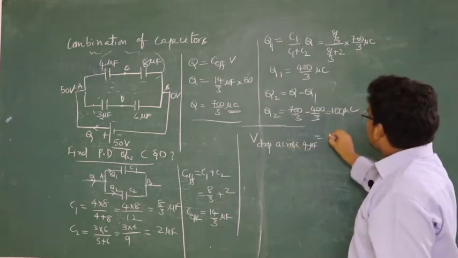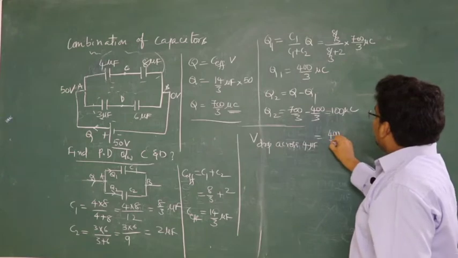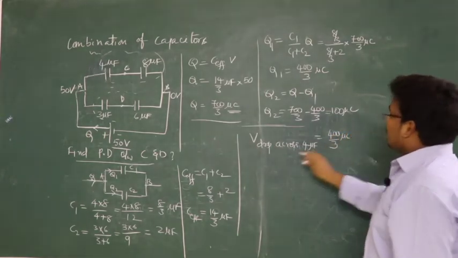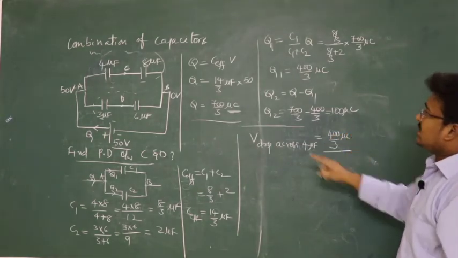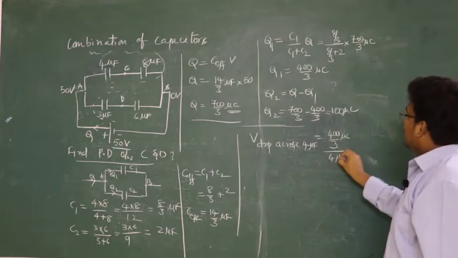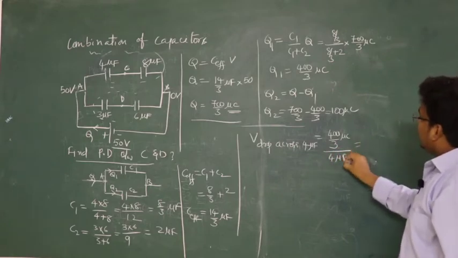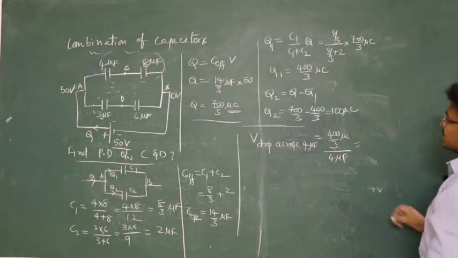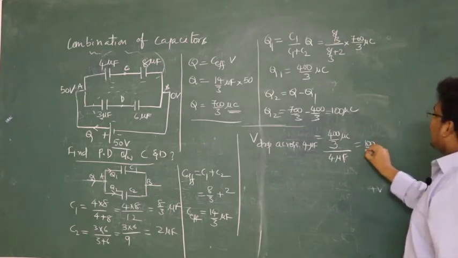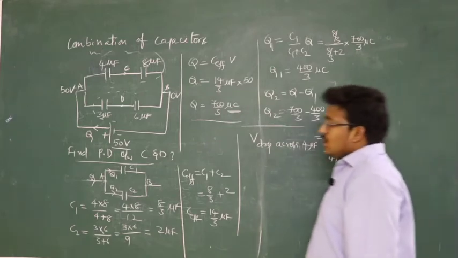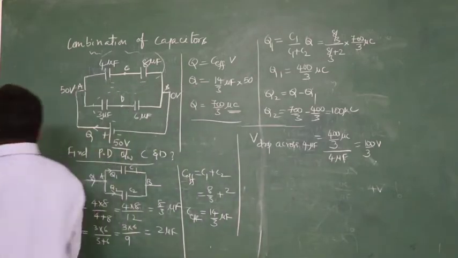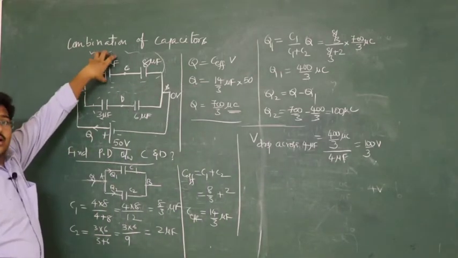It is Q1 only, no? So V equal to Q by C. C is 4 micro. So it will be 4 cancels with 100. So 100 by 3 volts will drop. 100 by 3 volts will drop here.